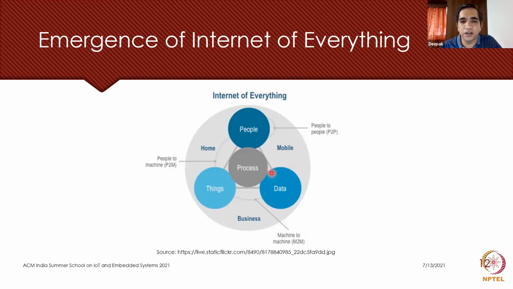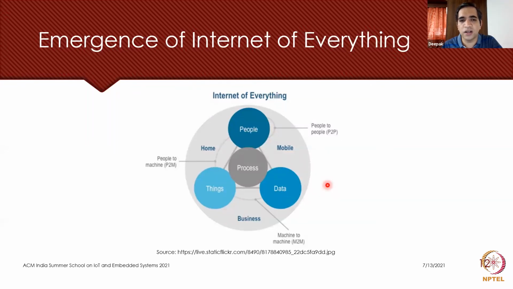There is the internet of things, and then there is the internet of everything. You could have people, you could have non-living things, everything is now connected, and everything is trying to send some message across.